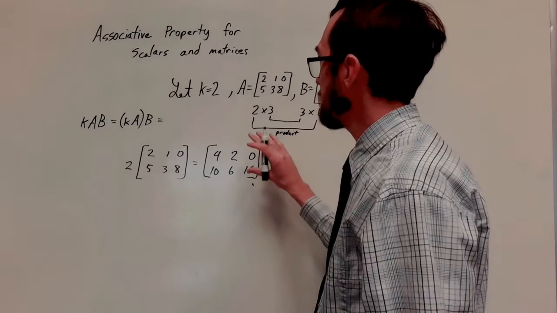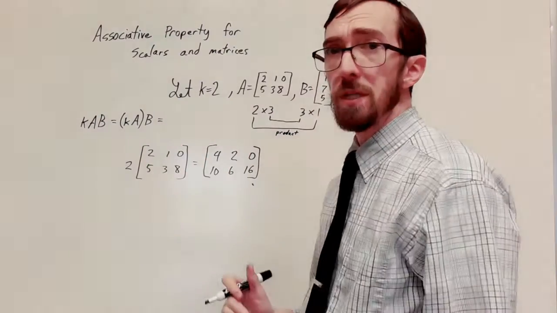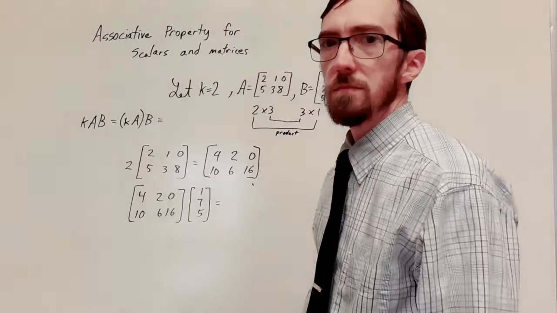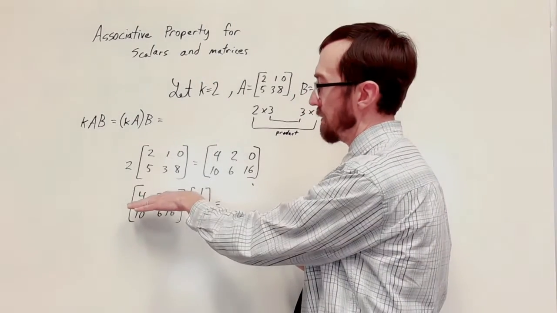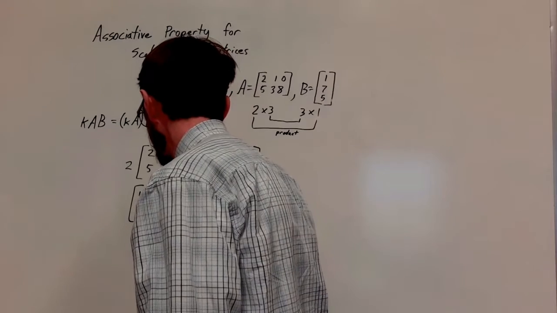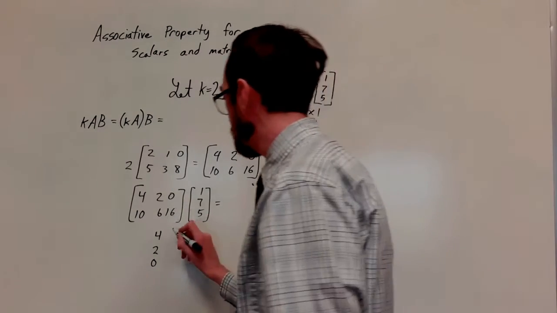The next thing we want to do is take this matrix and multiply it by the matrix B. To multiply these two matrices, we're going to take this top row and set it upright and multiply it by this column.